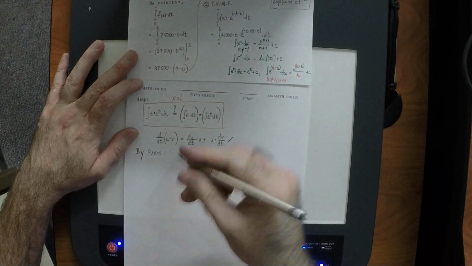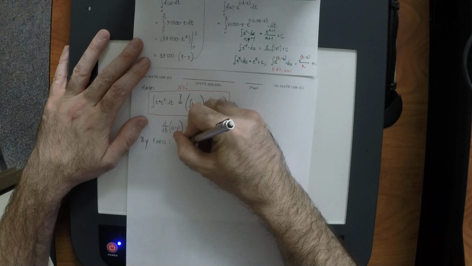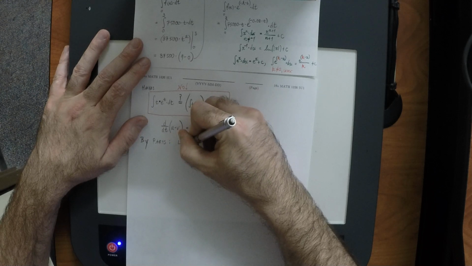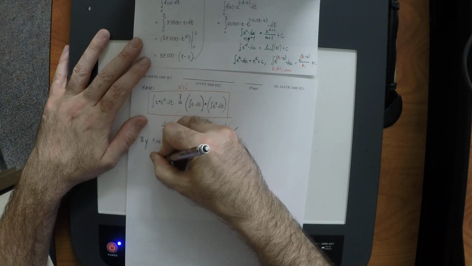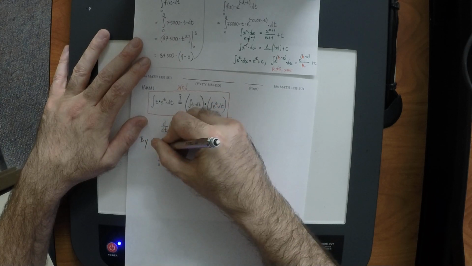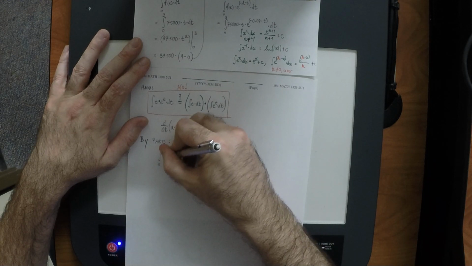To remind you of all those things, we have this acronym LAE when we're doing by parts. Here I'm just copying that integral so I don't have to keep referring to that other page.